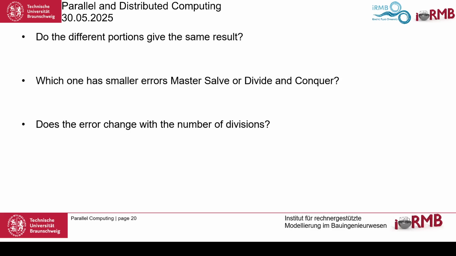The problem is not that the master does all the work. The problem is the order in which the master does the work. What the master does is take the first number, then add the second, then add the third.